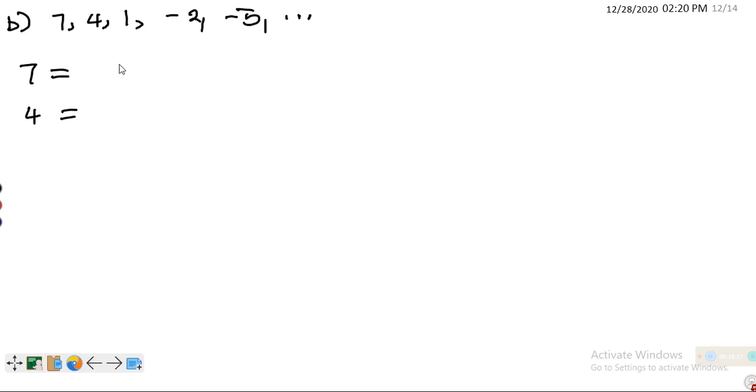So 3 times 2 plus 1 will give us 7. Now how do we get 4, 1, and so on from this? So let us define a formula for this. 3 times 2 plus 1 will give us 7. 3 times 1 plus 1 will give us 4.